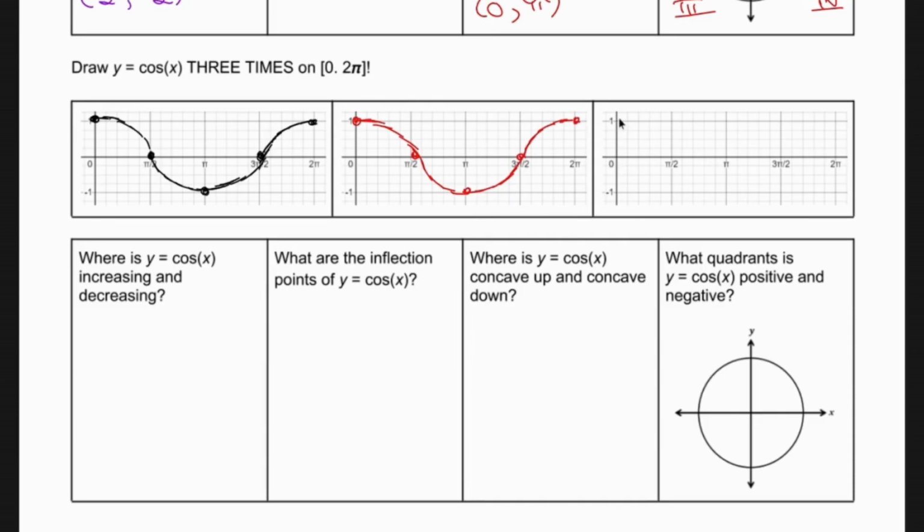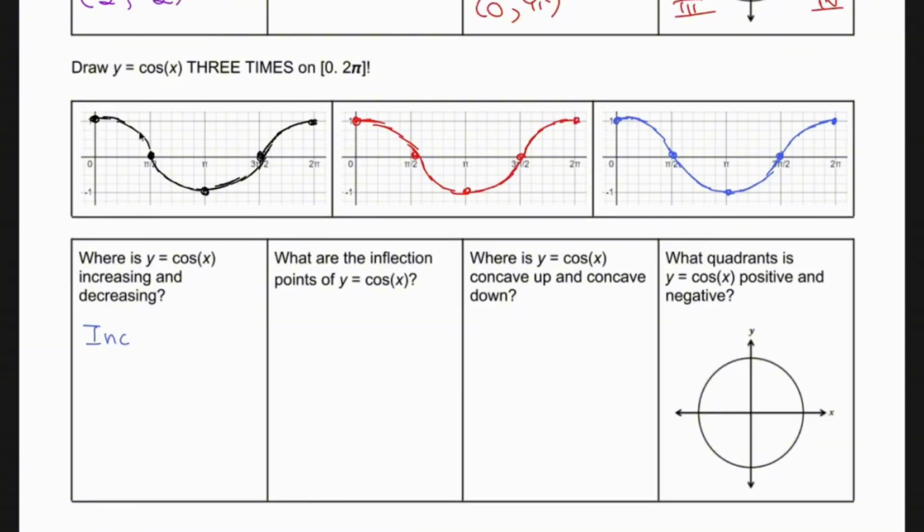One more time. 1, pi over 2, 0, pi negative 1, 3 pi over 2, 0, 2 pi 1. Decreasing, decreasing, minimum, increasing, increasing, maximum. So looking at these pictures and answering only for that interval, where is y equals cos x increasing and where is it decreasing?